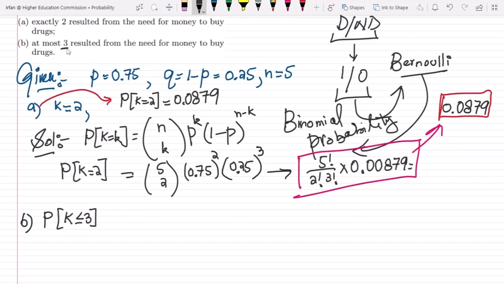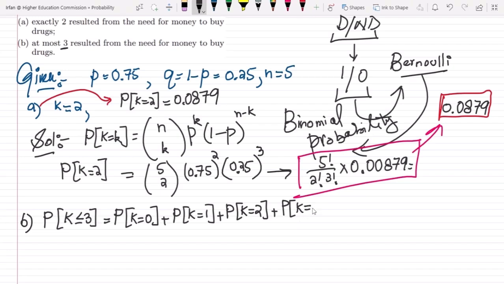The value will not exceed 3, so there are two possibilities. The first possibility is to find all the values up to 3, so k equal to 0, or k equal to 1, or k equal to 2, or k equal to 3.